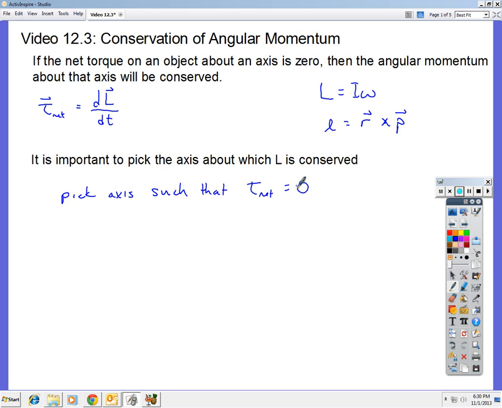So let's say that you have a wheel rotating on an axle.